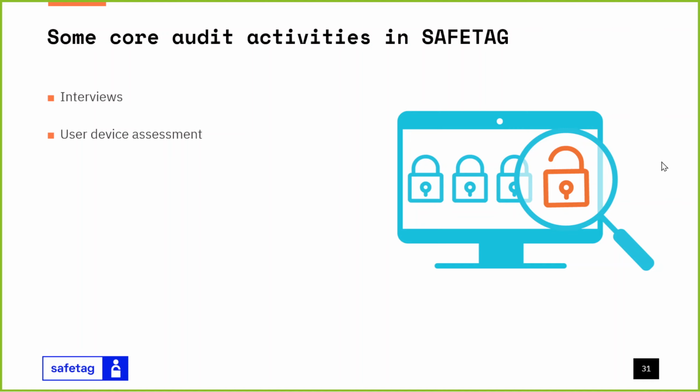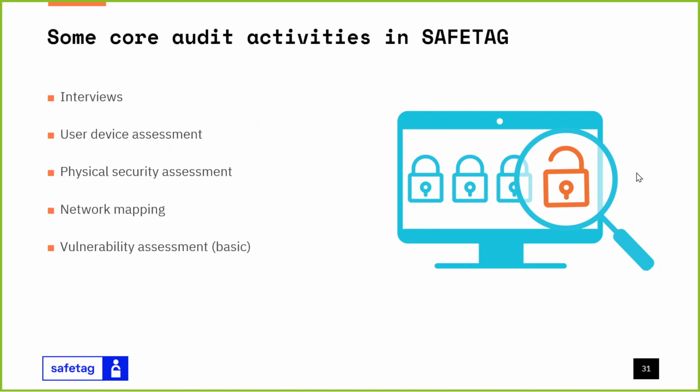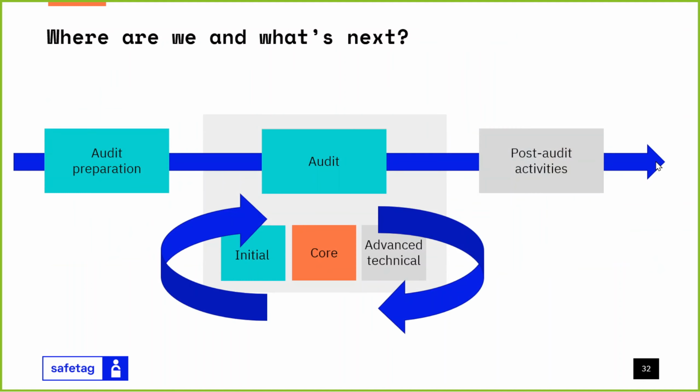User device assessments to assess computers and phones mostly. A physical security assessment, and then we can start with things like network mapping and vulnerability assessments in basic, or level 1, as I like to say. And yeah, basically we are there.